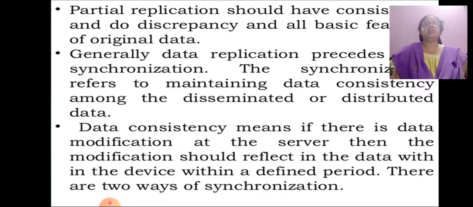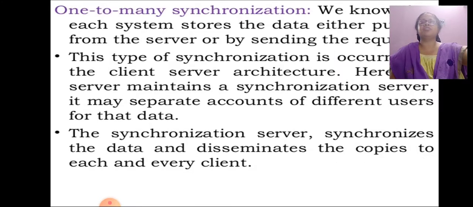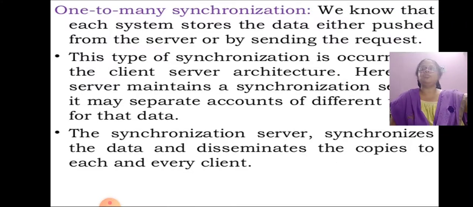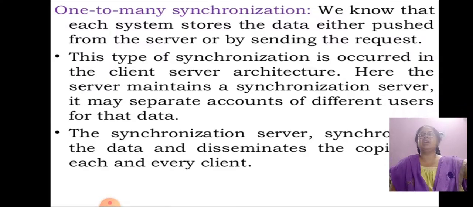There are two ways of synchronization. One-to-many synchronization. We know that each system stores the data either pushed from the server or by sending a request. This type of synchronization occurs in the client-server architecture.